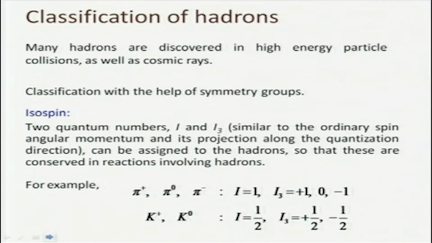So, there had been many different iterations and models proposed, and this is something like the end result that we are discussing. So, there is a K plus and K 0 which can be grouped under I equal to half, I3 equal to plus and minus half, and all other mesons could also be classified under this isospin grouping.